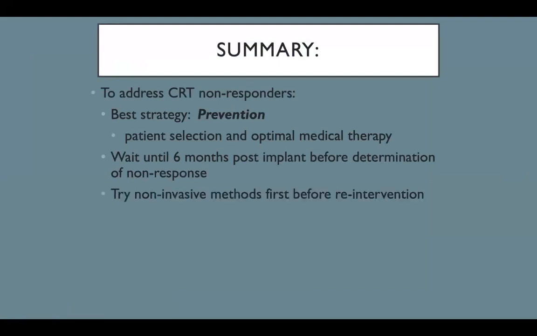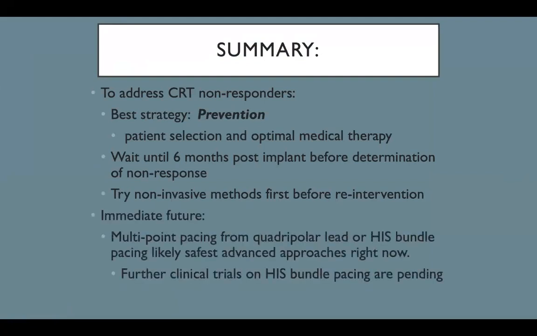We try non-invasive methods first before re-intervention. And in the immediate future, it seems that both multipoint pacing from the quadrupolar lead and His-bundle pacing are our likely safest advanced approaches right now. And further clinical trials on His-bundle pacing are currently pending.